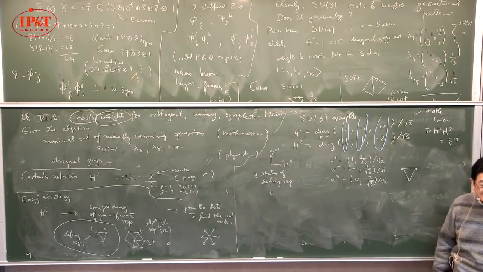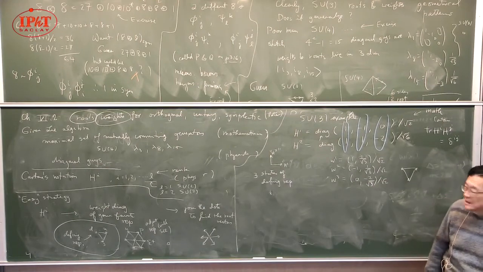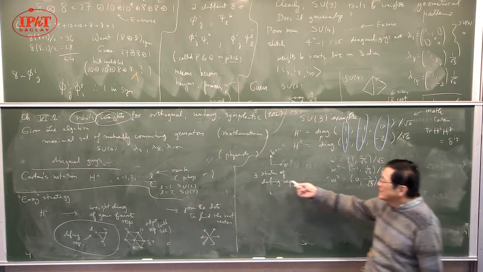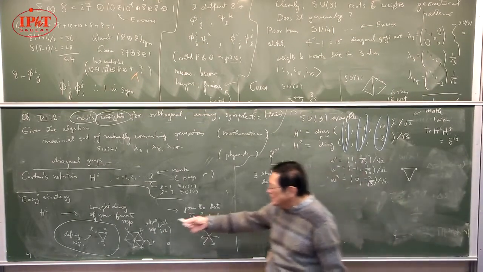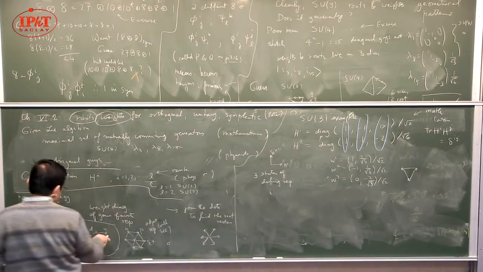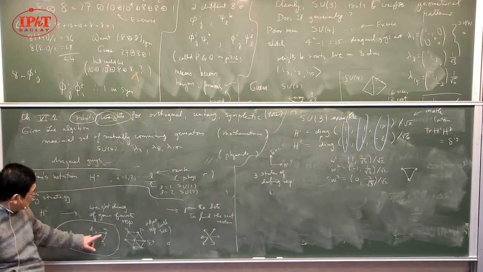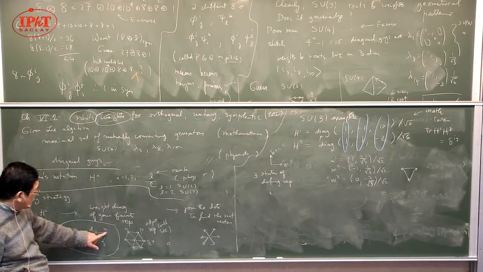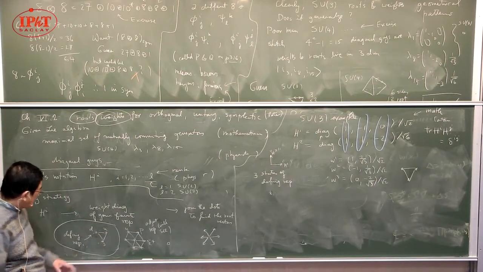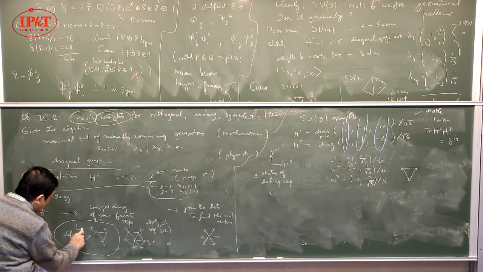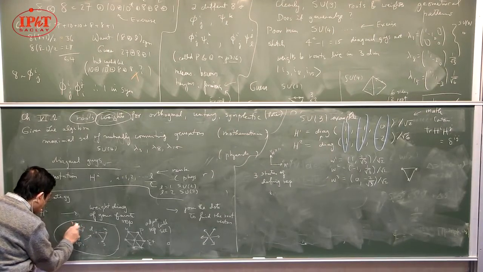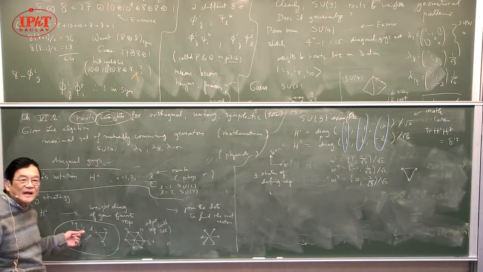Yes? Why does it work? No, by definition, the defining representation, it's locating where the up quark is in isospin and hypercharge space. So this is isospin, and this is hypercharge, suitably normalized.